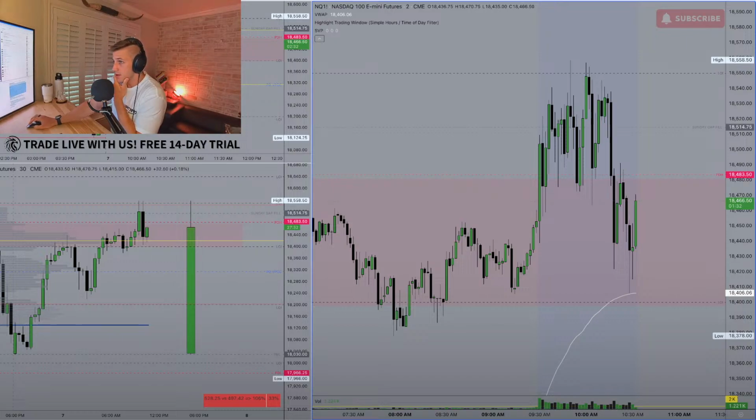So NQ holding VWAP, holding that 400 level of interest. If you grabbed it, trim into that prior day high. It's a nice bounce. Good action there.